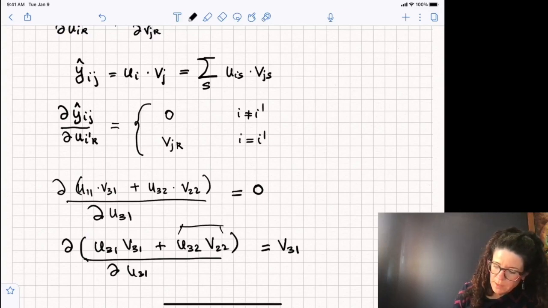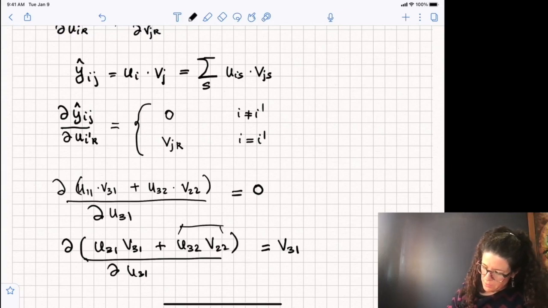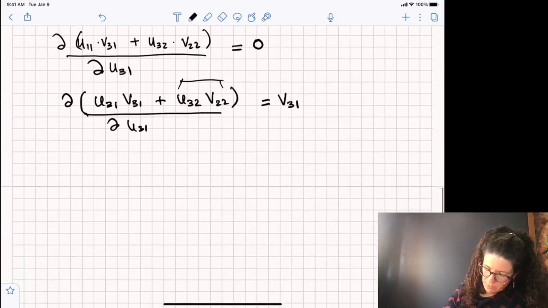And if i is equal to i prime, the only part that is non-zero is u i prime k times vjk, and the derivative is vjk, okay? If this is difficult for you, try to go through it slowly and ask me any questions in office hours, okay? This is an important part that we need.